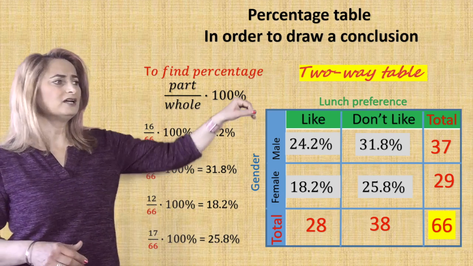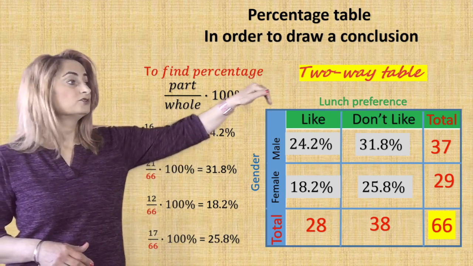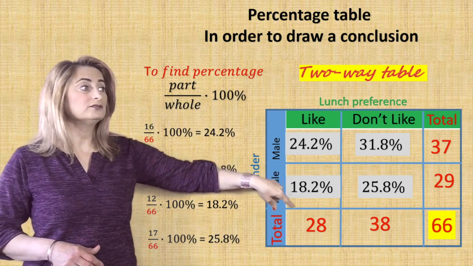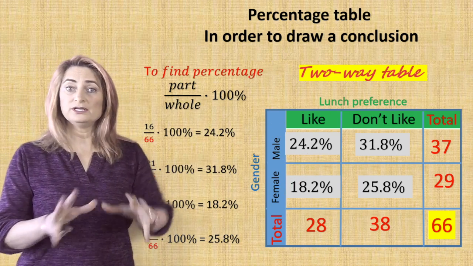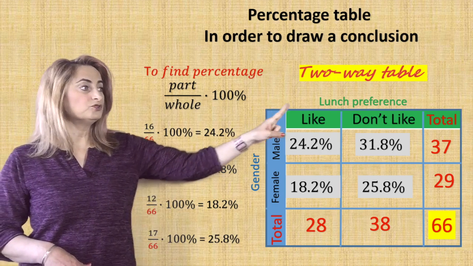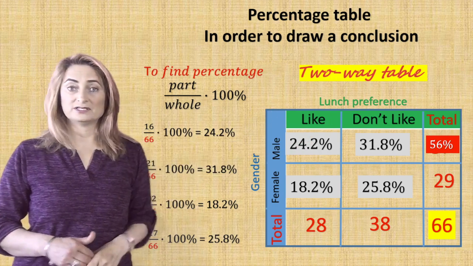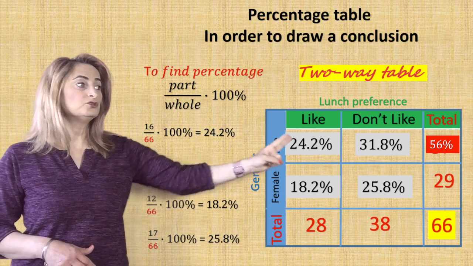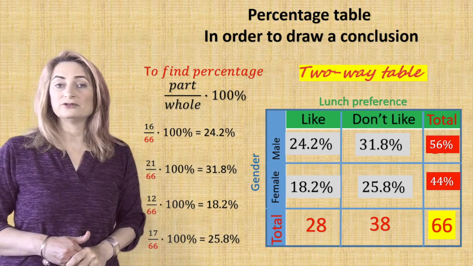But now let's make sure what I did was right. I'm going to add the total percentages and make sure they make 100%. 24.2 plus 31.8 is 56%, and 18.2 plus 25.8 gives me 44%.